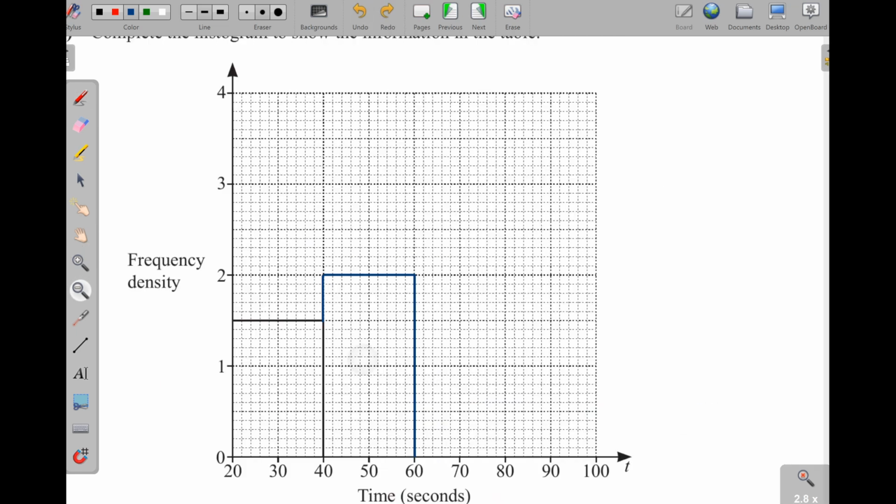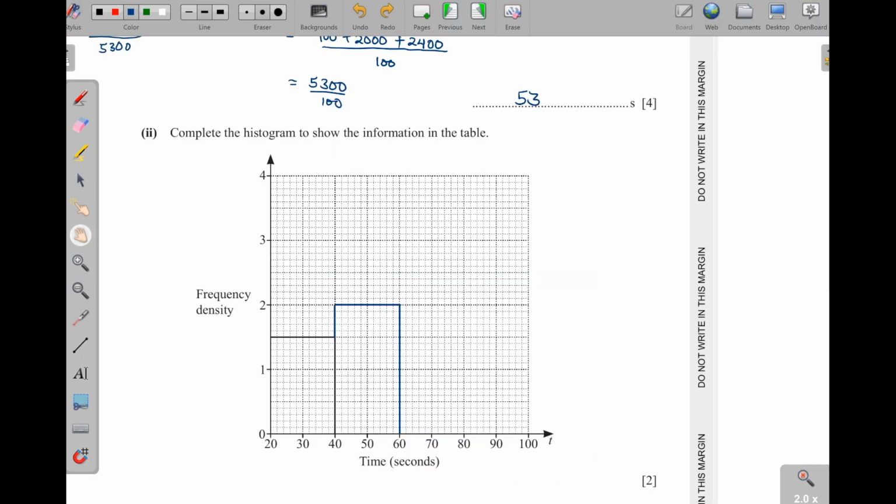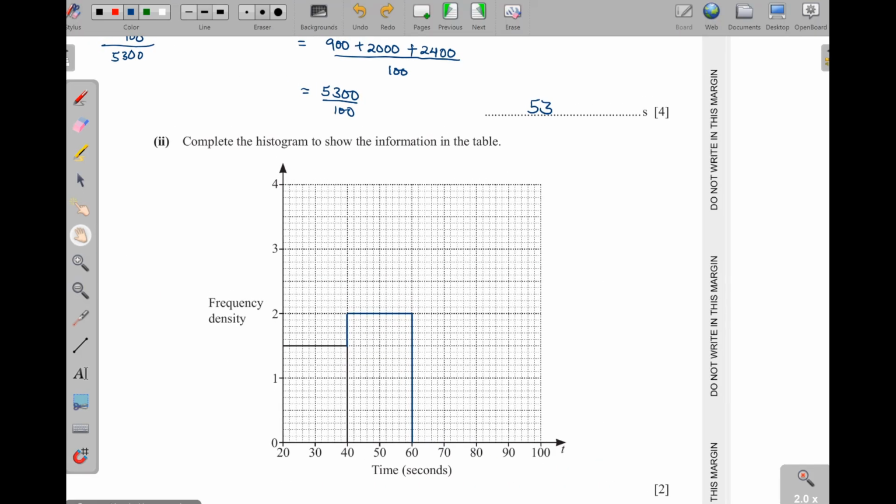So what we are going to do here is look for the middle of this, then you take it to this other side here, and then take it down.